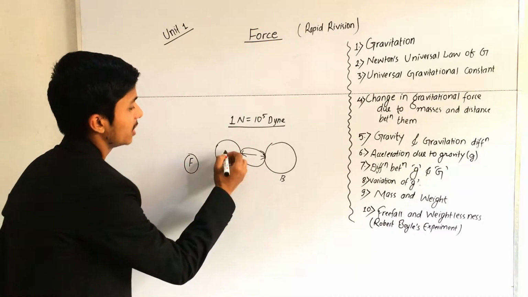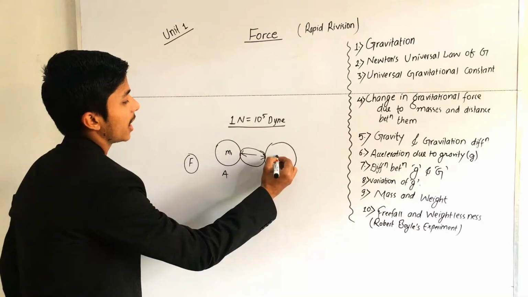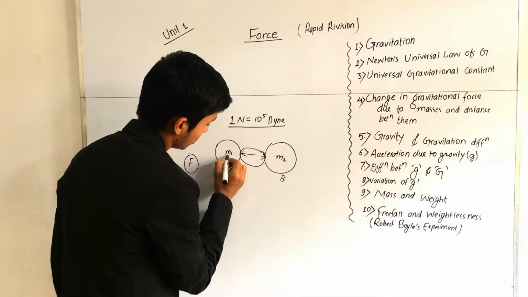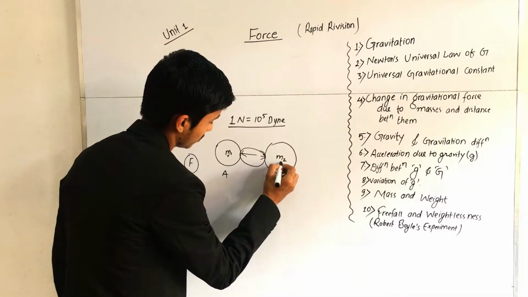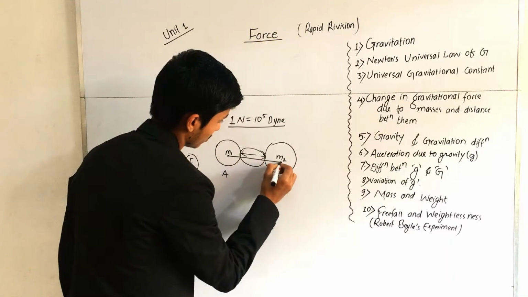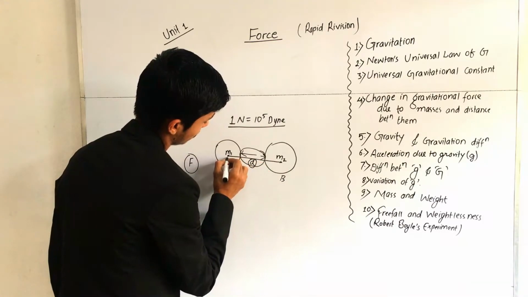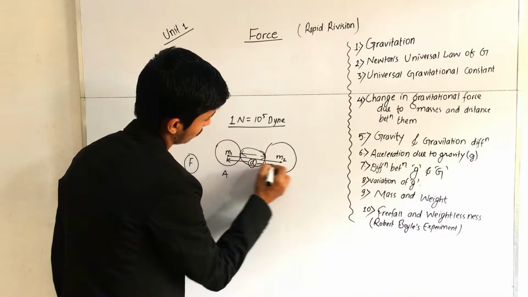Suppose these are bodies having masses m1 and m2, and let this be the center of a body. Then let this be the distance, from here to here.